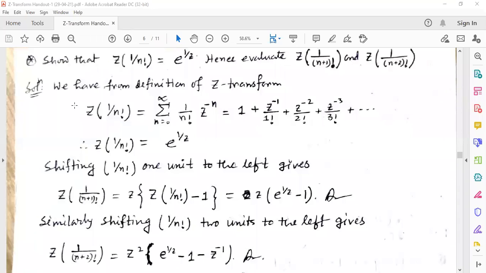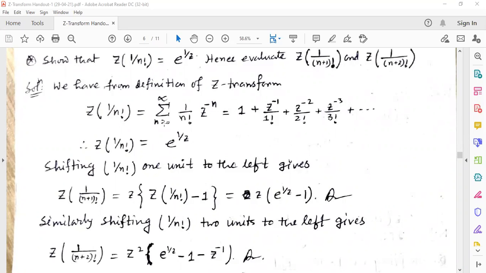From the definition of z transformation, we can write that the z transformation of 1 upon factorial n is equal to summation n equal to 0 to infinity of u n, meaning 1 by factorial n, into z to the power minus n. Now if we put n equal to 0, then factorial 0 is 1 and z to the power 0 is 1, so the first part is 1.